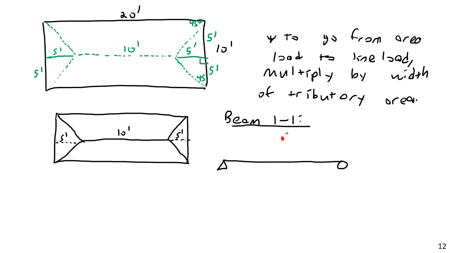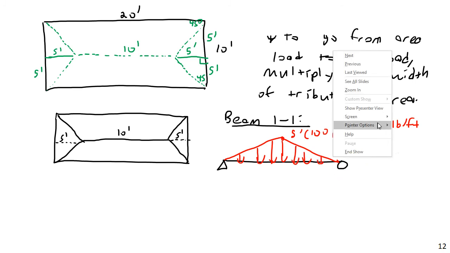So the value of the peak is going to be 5 feet times 100 PSF. Think of the units here: pounds per square foot times feet comes to units of 500 pounds per foot. It's going to start from 0, and then increase to the maximum of 500 pounds per foot, like this. And it will have a width of 10 feet.